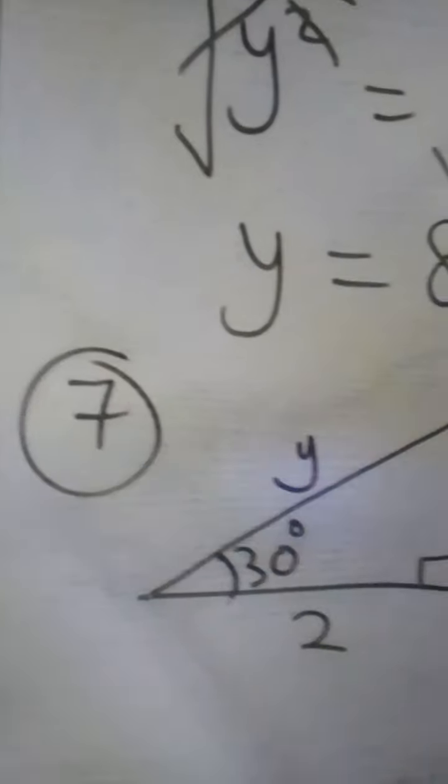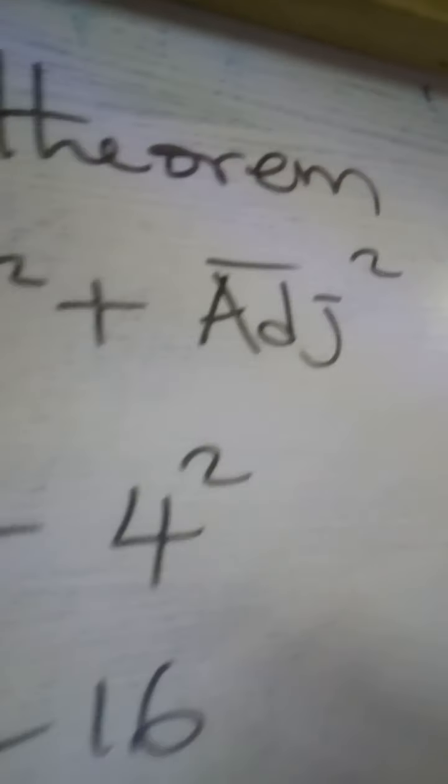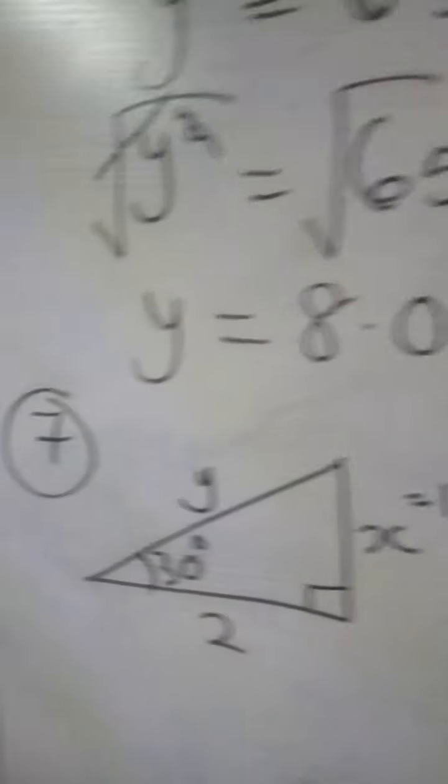So if x is 1, then I have to find my y again. I can equally use the Pythagoras theorem again, which says hypotenuse square equals opposite square plus adjacent square. So let's have it here that our hypotenuse, which is y square, equals opposite square, which is 1 square, plus adjacent square, which is 2 square. And y square is going to be 1 plus 4, since 1 times 1 is 1, 2 times 2 is 4. So y square is going to be 5. Then I find the square root of both sides.